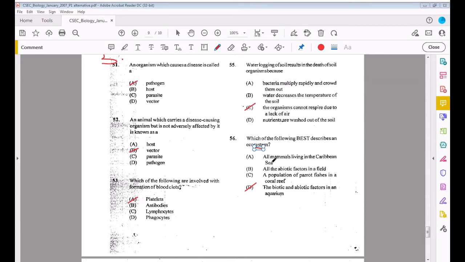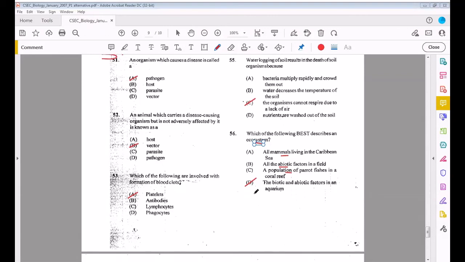In all the other options, they specified something. So they said all mammals or all abiotic, and a population of parrotfishes, only parrotfishes there in the coral reef. They're not talking about everything. So the answer is D.